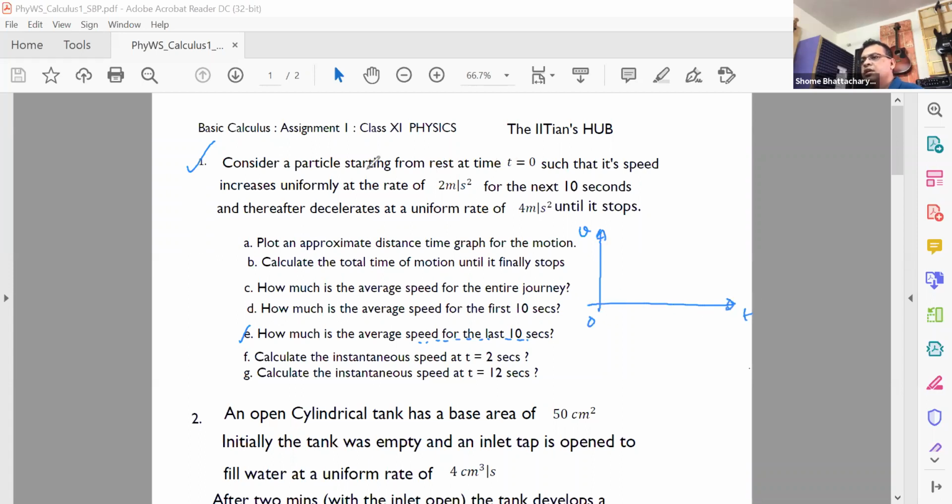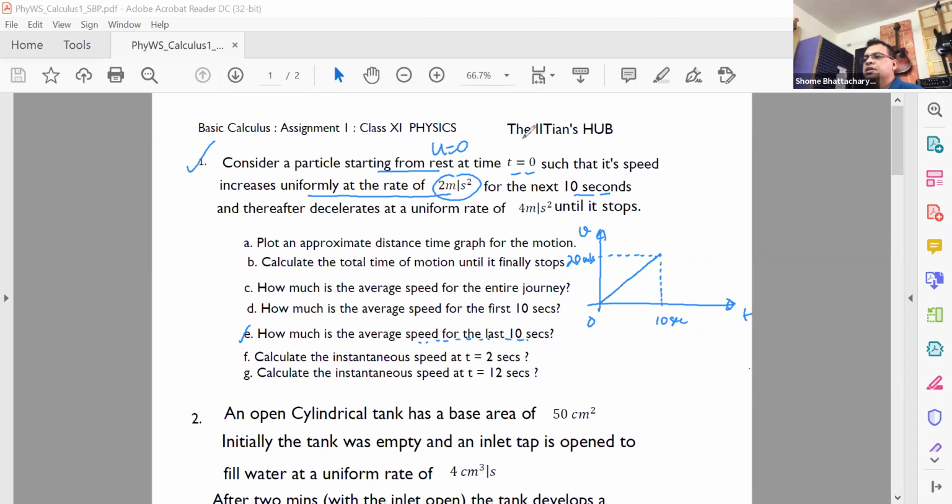So initial velocity was 0, with a uniformly increasing speed at the rate of 2 meters per second square. So the acceleration is 2 meters per second square, but for 10 seconds. So at 10 seconds, the velocity would have reached a into t, so that is 20 meters per second.